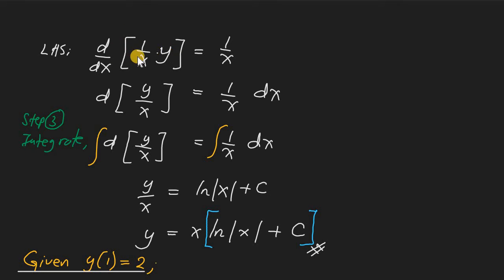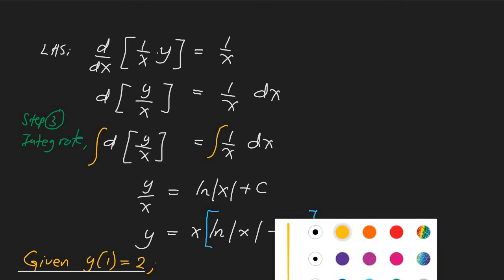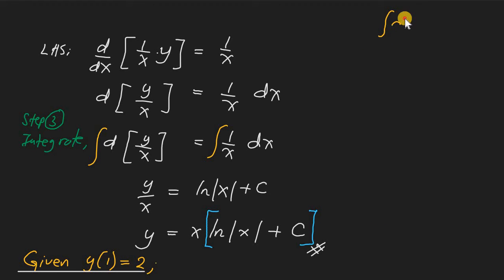After you have got this, what you should do is bring this dx to the other side and multiply everything with dx, so we have that. Then step number 3, you are supposed to integrate both sides. Remember last time we said if we have the integral of dx, it becomes x.